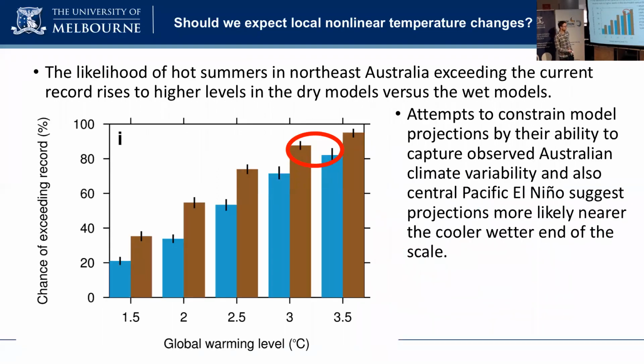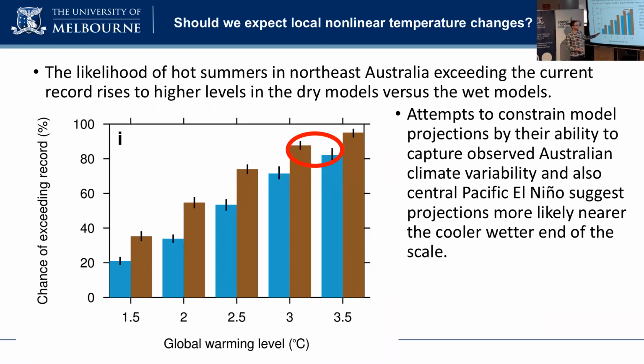So for example, this is as a function of global warming level, looking at the probability of having a hot summer in Queensland that exceeds the observed record. The blue bars are for the half of the CMIP5 models that are getting wetter in that region, and the brown bars are for the half of the models that are getting drier.